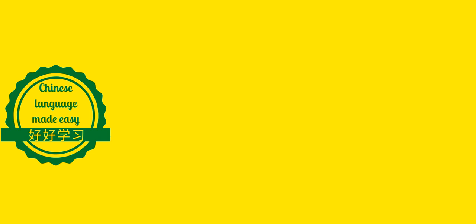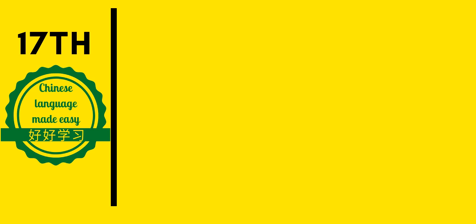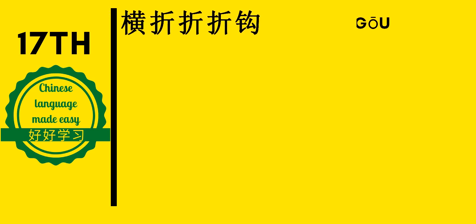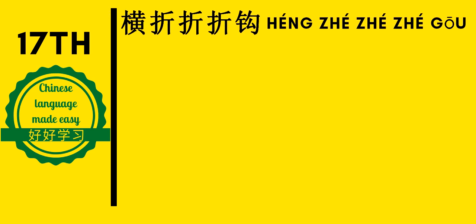Now we will discuss the 17th stroke name, and this one is Heng Zhe Zhe Zhe Gou. What is the symbol for this stroke? This is the symbol, and in English it is known as the horizontal and redoubled turning, just like the same, but what is different in this one is that it is with a hook on the left.